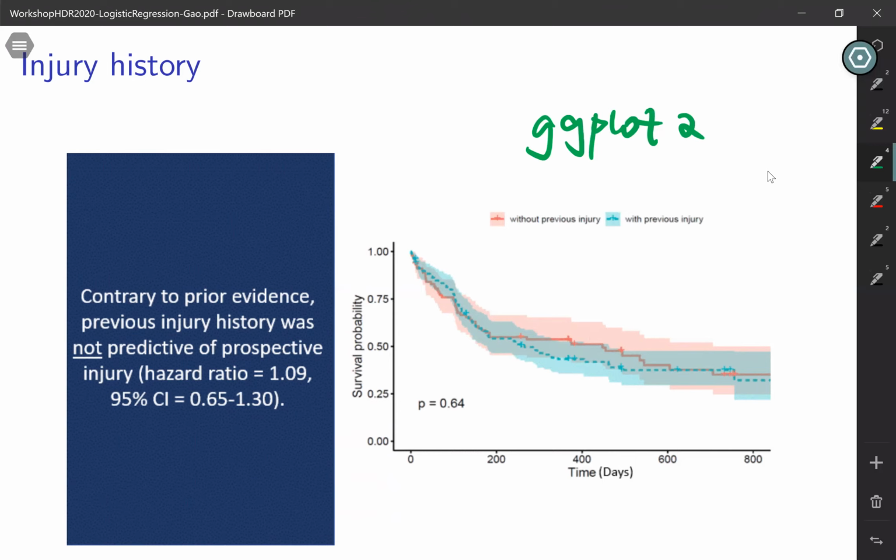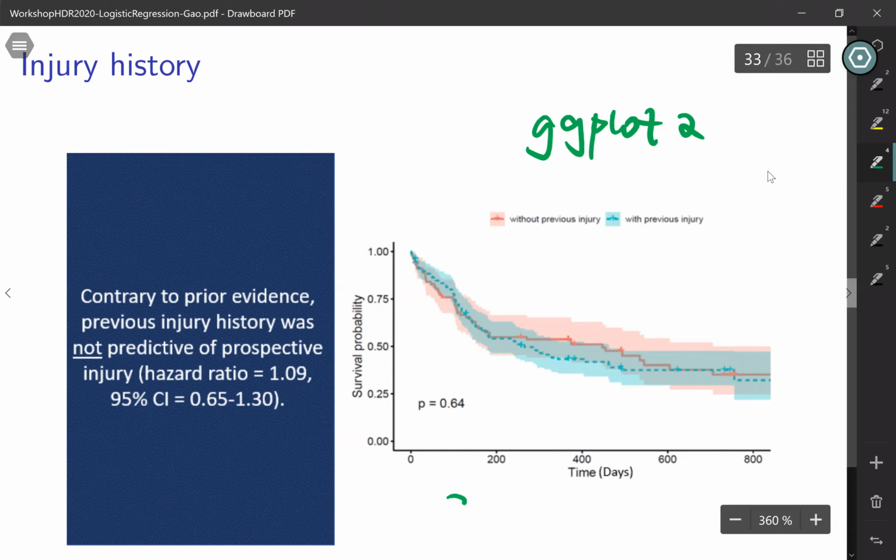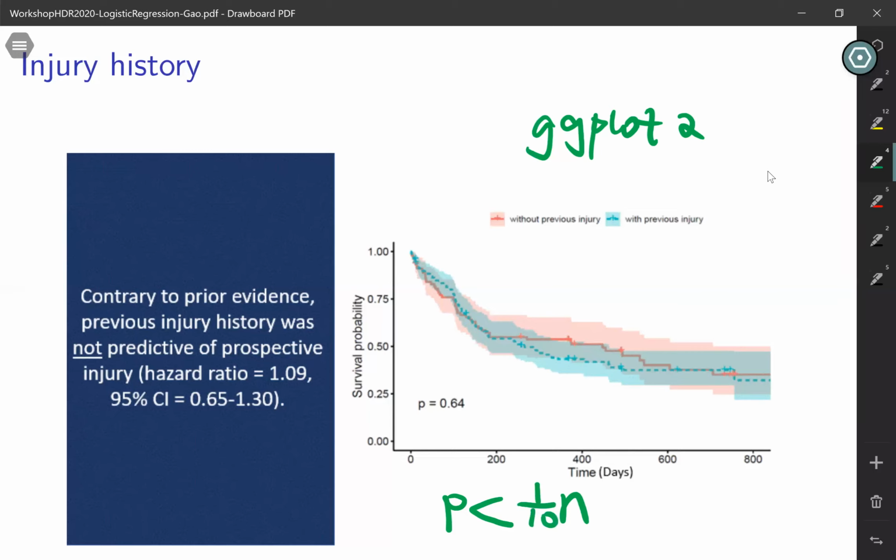There is an ad hoc rule. If P represents the number of parameters and N represents the sample size, usually P should be less than 10% of N. Otherwise you may have an overfitting issue.